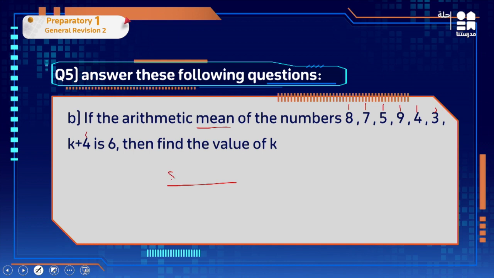So 8 plus 7 plus 5 plus 9 plus 4 plus 3 plus k plus 4 over 7. Divide by 7. And the mean is given, which is 6.